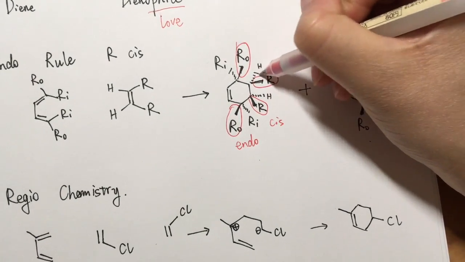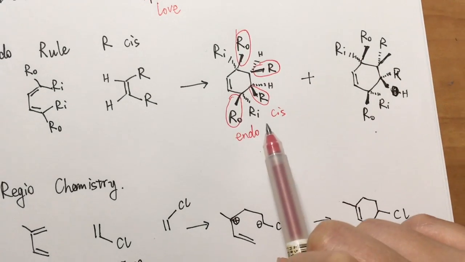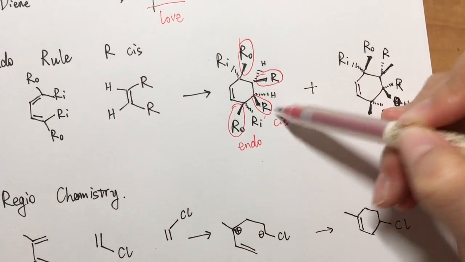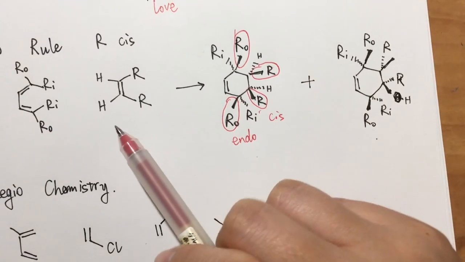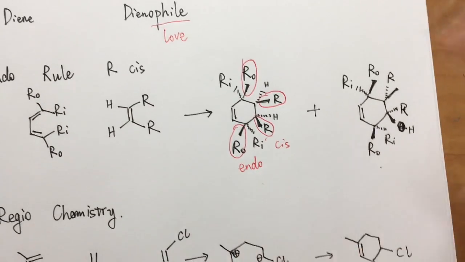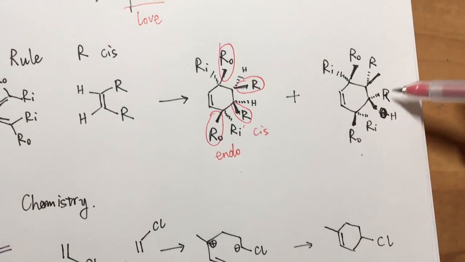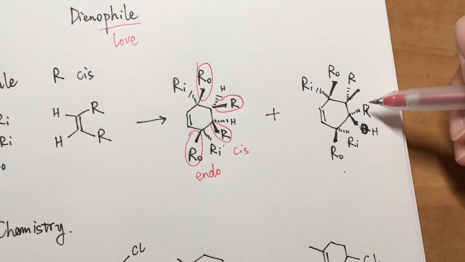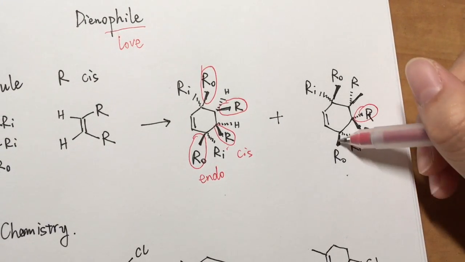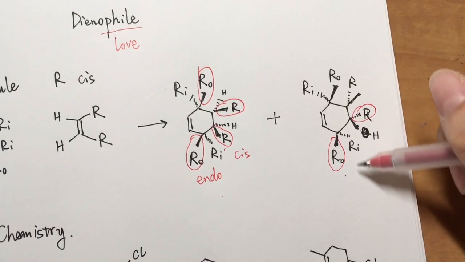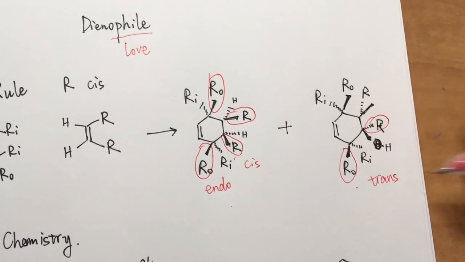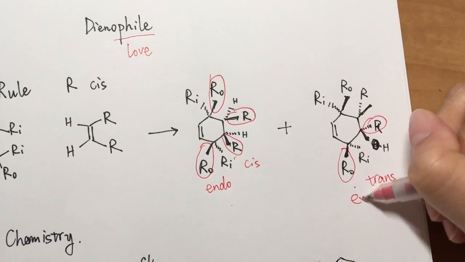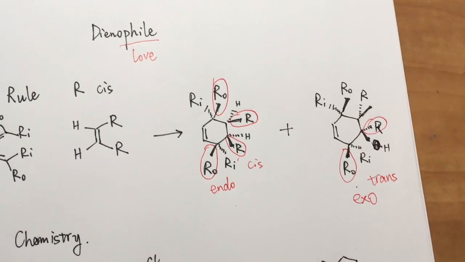Also here as well, it's a concerted reaction. So these two would stay the same relative position as they were in the alkene. And this one here, you can see the R group from the alkene and the outer R group from the diene are in trans position, so this would be an exo.